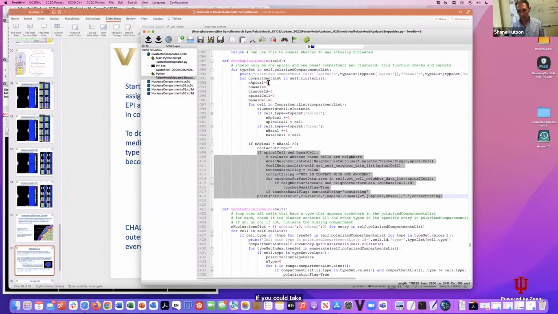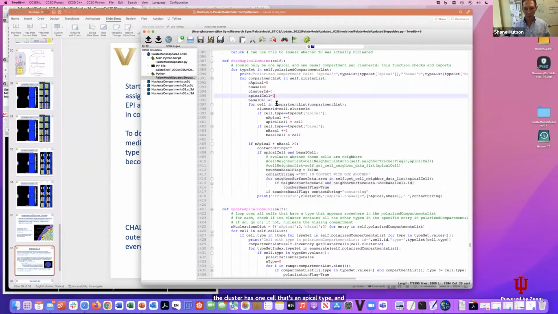So we've checked up here, basically, to find out whether the cluster has one cell that's an apical type and one cell that's a basal type. I guess it's worth looking at that, right? So for cell in compartment list, that's going through our list of clusters, we get the cluster ID for that cell, and we check whether that cell type is in what we've called typeset apical.